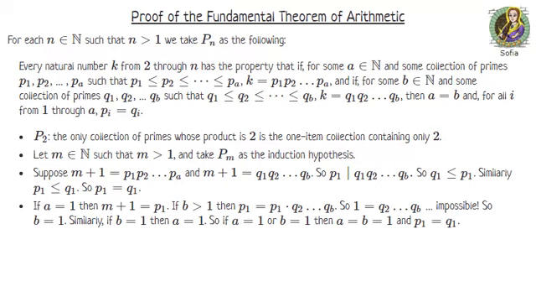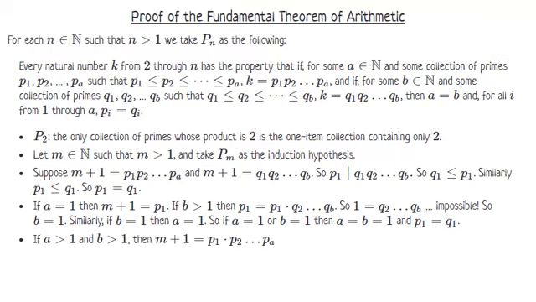So are we now supposed to figure out what happens if a and b are more than 1? Yes. And note that this means that m plus 1 is equal to p sub 1 times p sub 2 through p sub a. And since p sub 1 equals q sub 1, that's equal to p sub 1 times the rest of the q's.